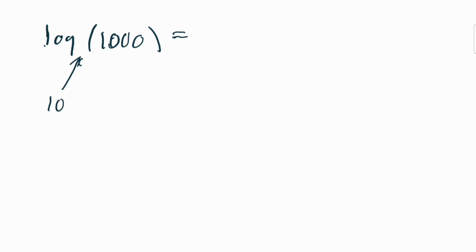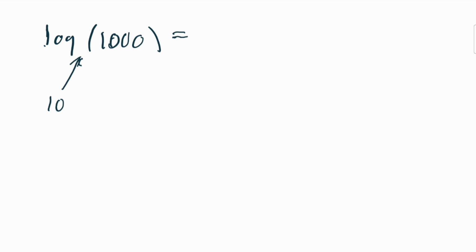So what happens if you get a log like this, log of 1000? What are you going to do now? Well, if there is no base number, it is assumed to be 10. So imagine that there is a 10 there.